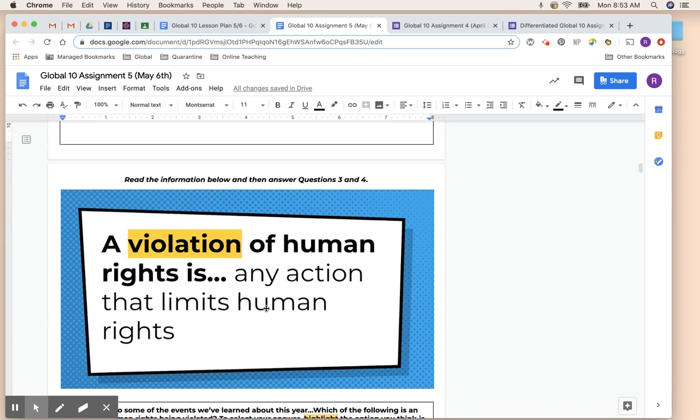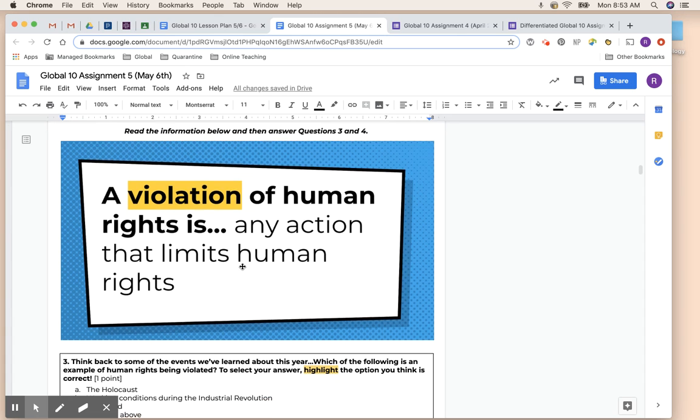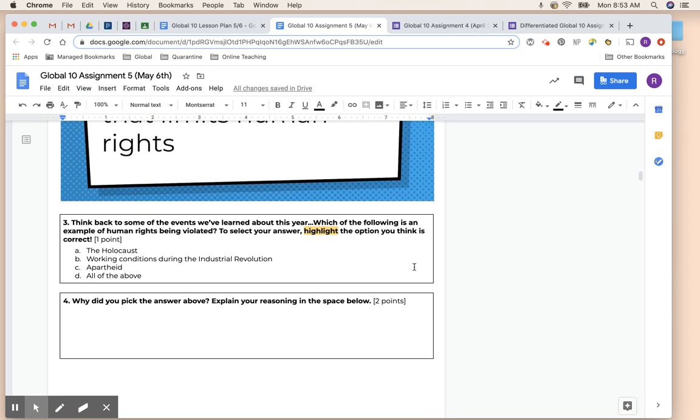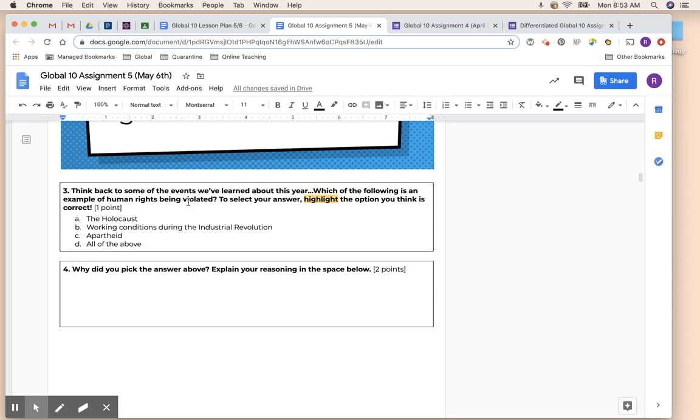After that, you're going to move on to questions 3 and 4, which first say, a violation of human rights is any action that limits human rights. So you're going to answer a multiple choice question quickly. It says, think back to some of the events we've learned about this year. Which of the following is an example of human rights being violated? To select your answer, highlight the option you think is correct. I gave you some examples.